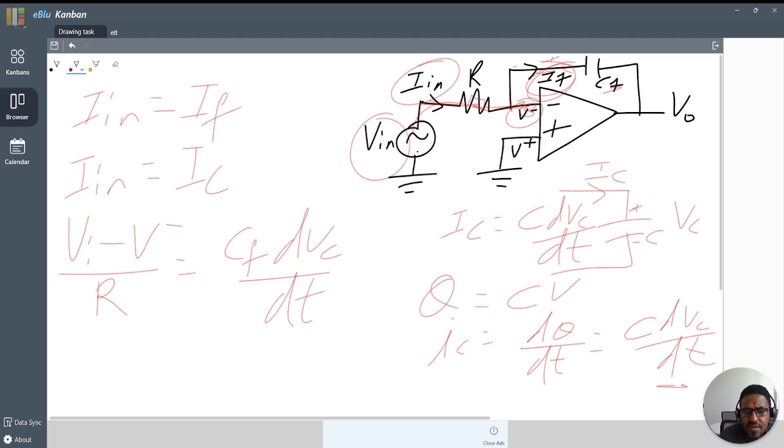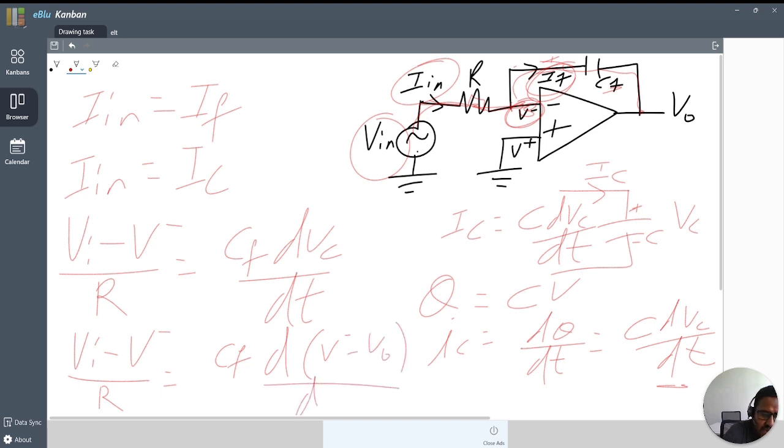So d of Vc from the inverting terminal through this capacitor to V out. This means Vi minus V inverting over R equals CF times d of V inverting minus V out over dt.